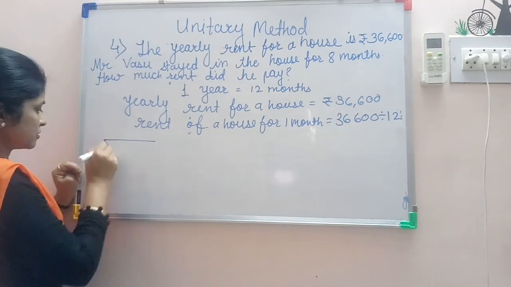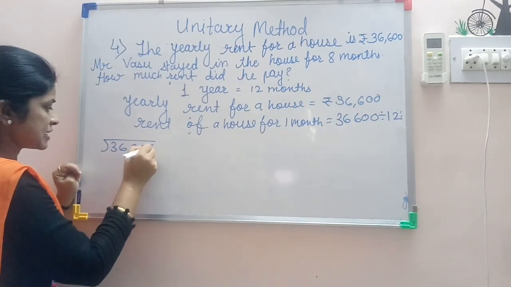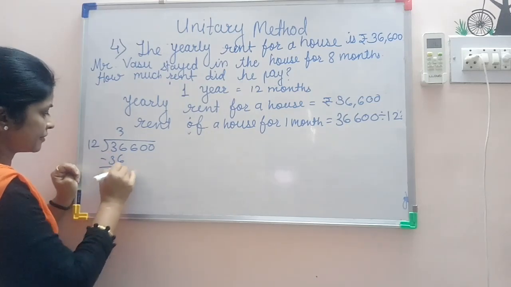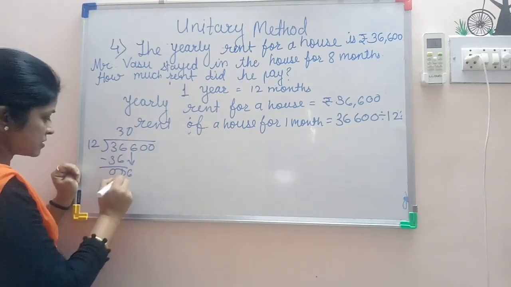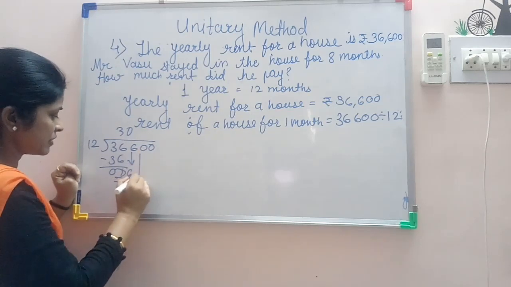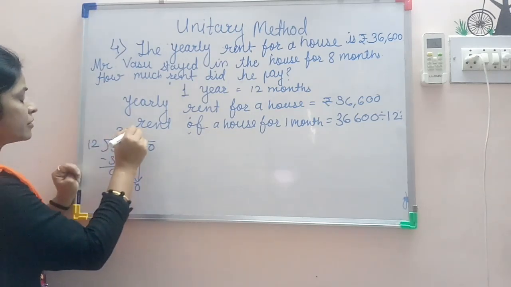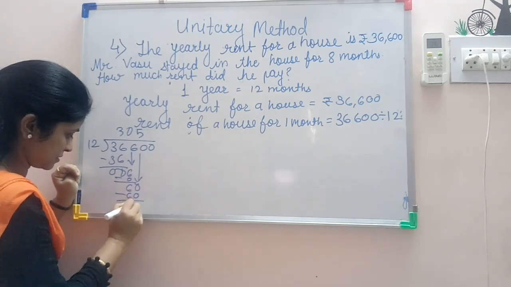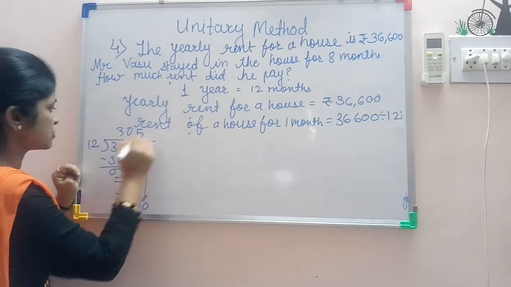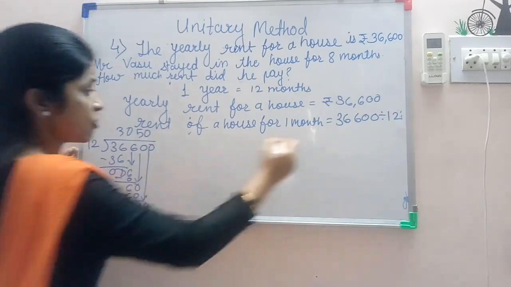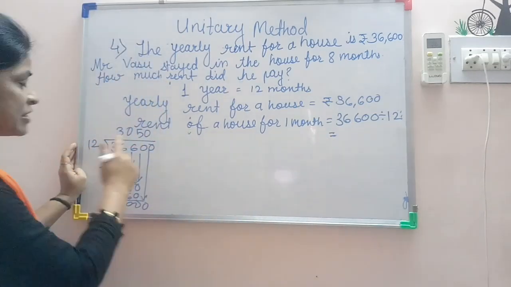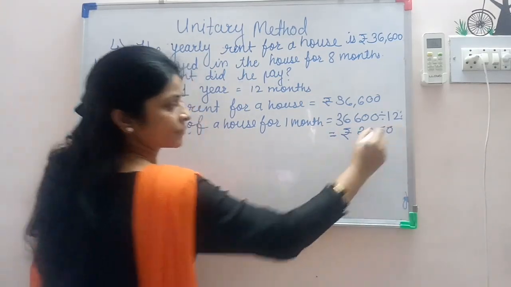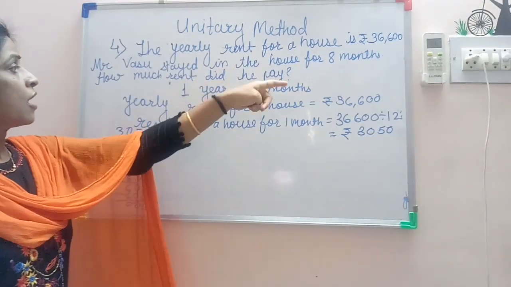So we'll start here. 36,600 divided by 12. 12 3s are 36. Bring the 6 down. 0s are 0. Again we'll bring the 0 down. 16. 12 5s are 60. Now next 0 we bring down. 0s are 0. Now we got the rent for 1 month, that is rupees 3050.